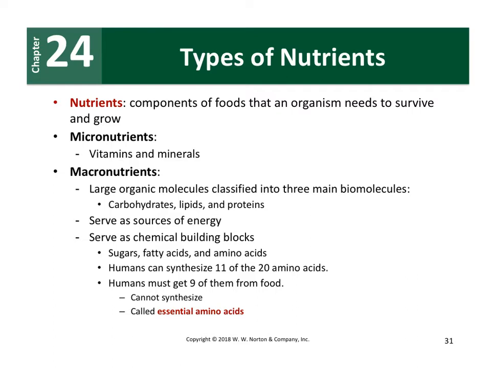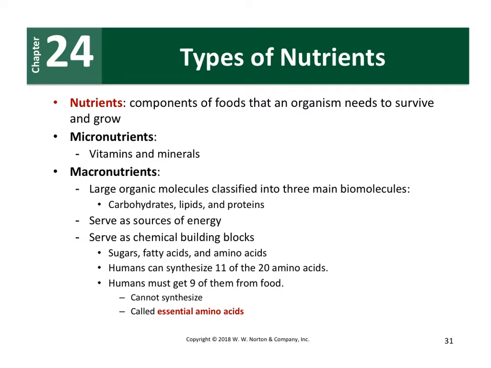They all serve as chemical building blocks: sugars, fatty acids, and amino acids. So sugars are carbohydrates, simple sugars. Fatty acids are lipids. They're used in all kinds of different things, and they can be used as energy storage. And then amino acids are what make up proteins. Humans can synthesize 11 of the 20 amino acids.